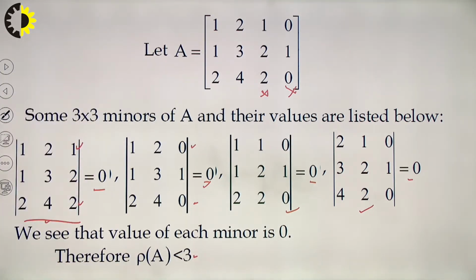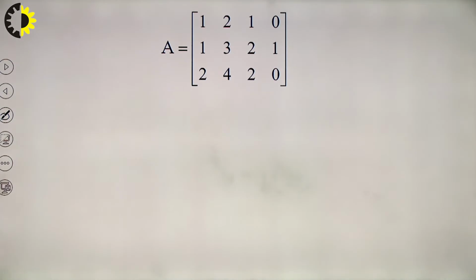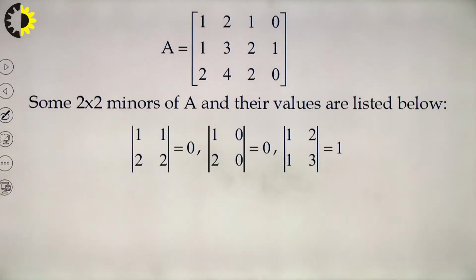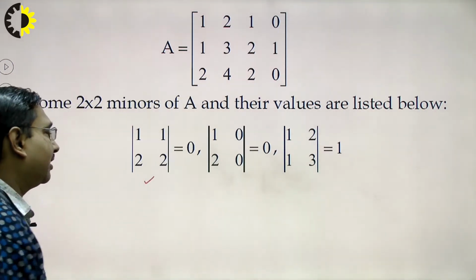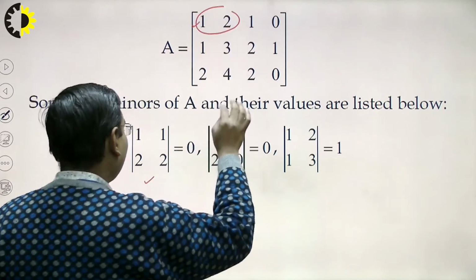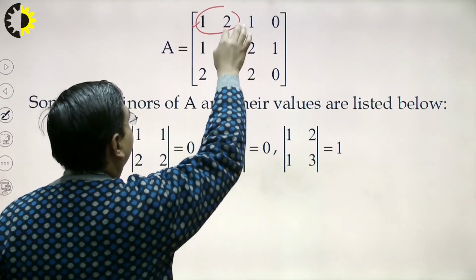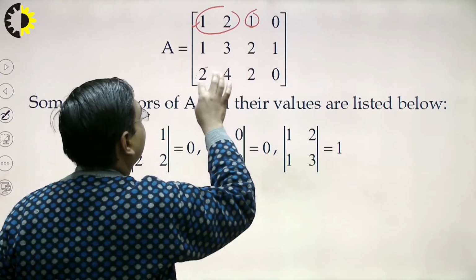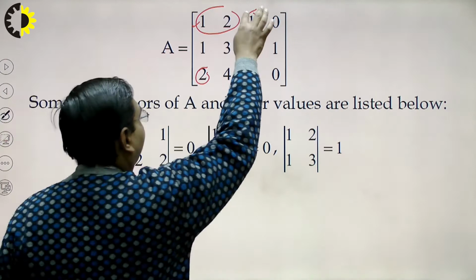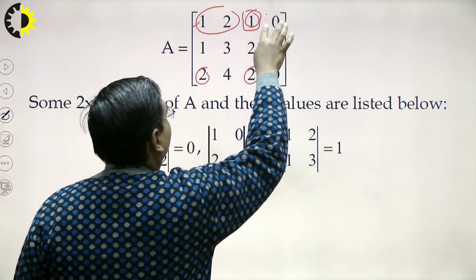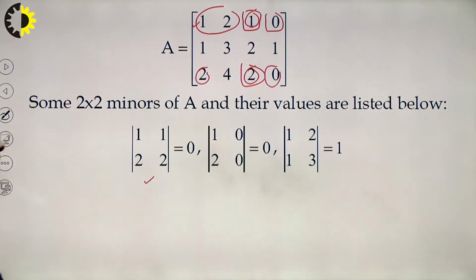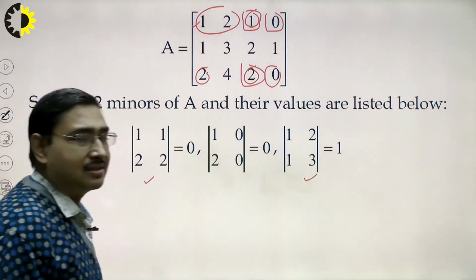Now we shall move towards 2 by 2 minors. Some 2 by 2 minors of the matrix are listed here. One is this minor, 1 1 2 2, obtained from this row and these columns. Similarly, another minor is obtained from these two columns, 1 0 and 2 0, and similarly one minor is this.